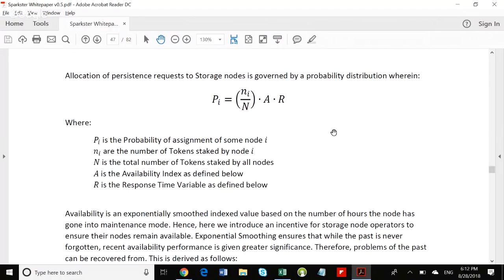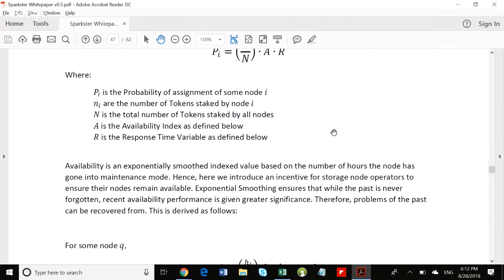And response time is the same, right? If you've got higher response times, then you're less likely to get a transaction. But what this response time allows us to do is assign transactions to nodes that are closest to you as well, right? And because they're close to you, they'll have a lower response time responding to your request, and therefore your data is closer to you and the whole system works faster.